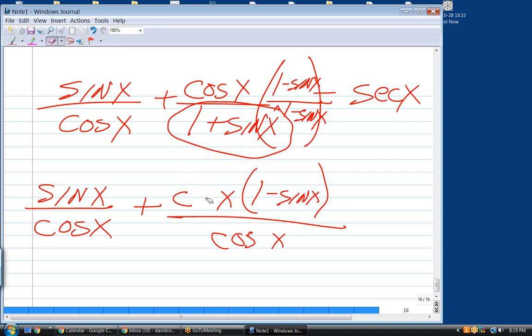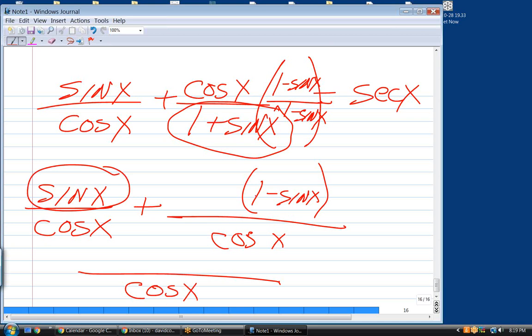So I've got that. Now I have common denominators, so I can just operate on the numerator. Well, I got sine x plus 1 minus sine x gives me just 1. And what's the reciprocal relationship there? What's that equal to?